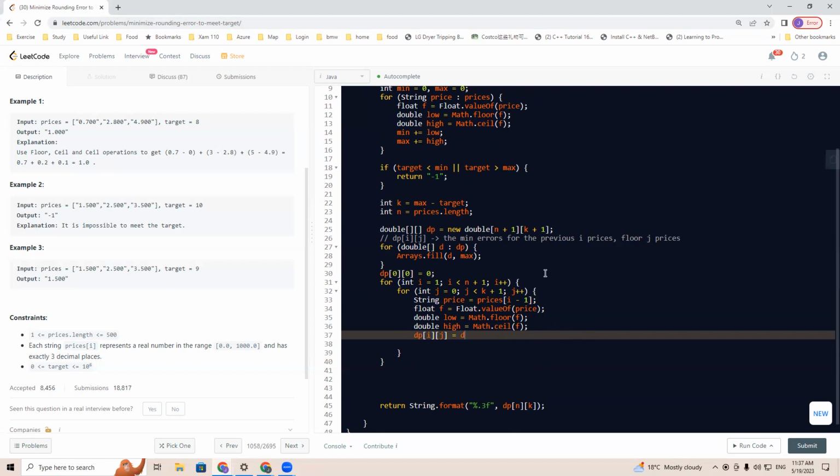So we'll have dp i minus 1 j plus, if we round up, that will be high minus low.